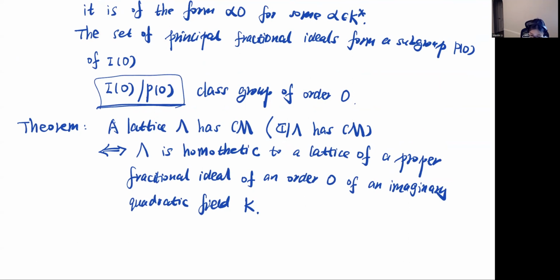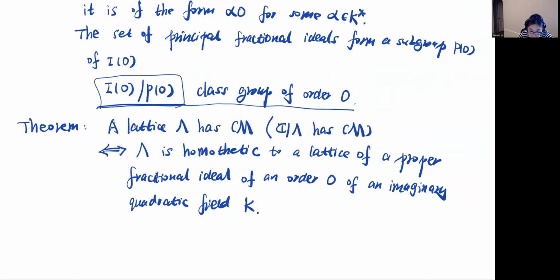Then this will tell me that the class group exactly parametrizes isomorphism classes of elliptic curves over C with CM by O. So after I prove this theorem, we very explicitly know the set of elliptic curves with CM by a specific order. We can very concretely construct it, and also we know how many there are. Namely, we can compute this class number, for example, you can use Magma to compute it. Okay, great. So we will finish this lecture by proving this theorem.